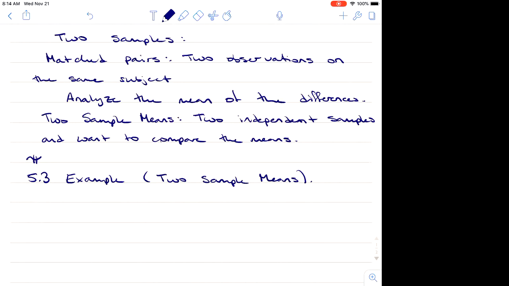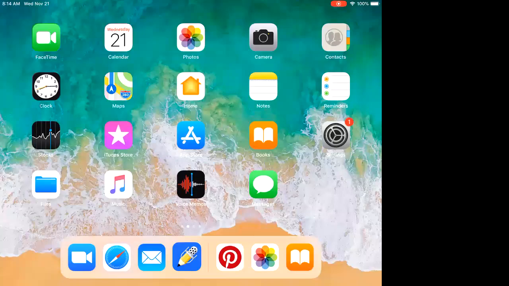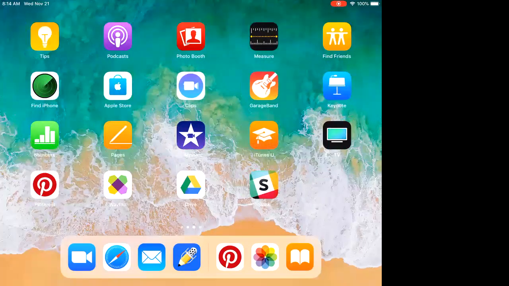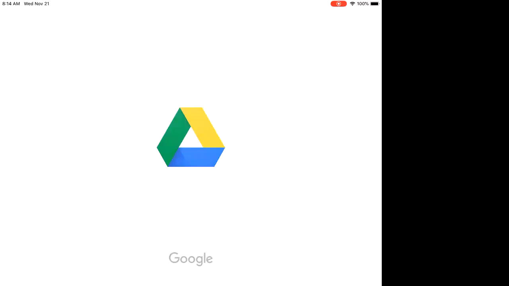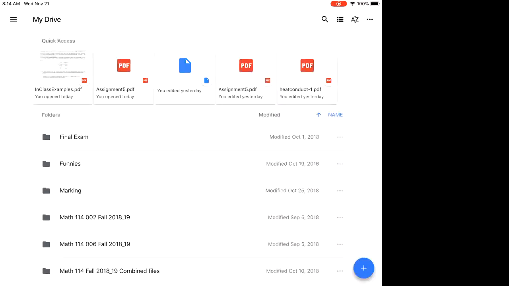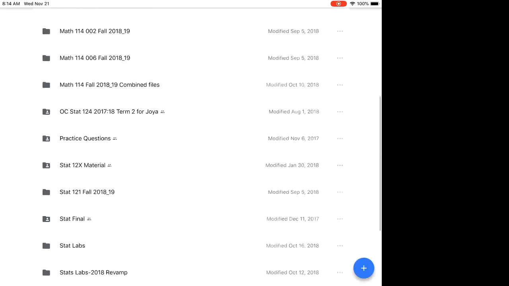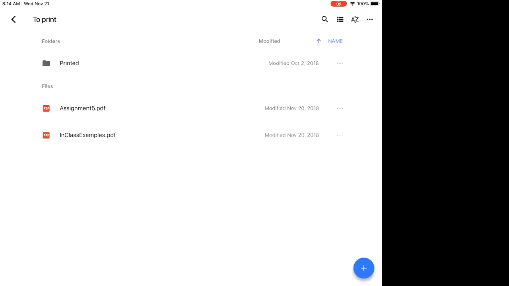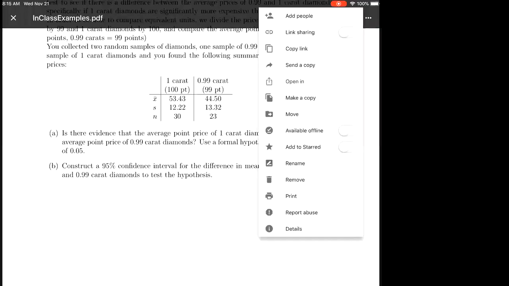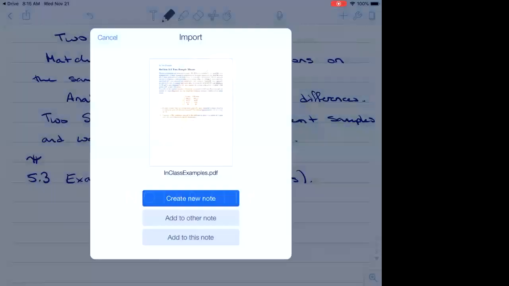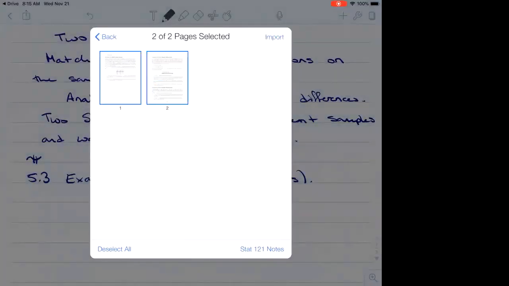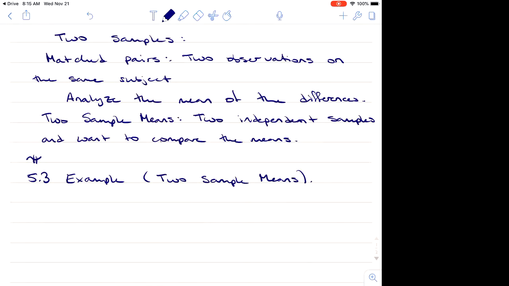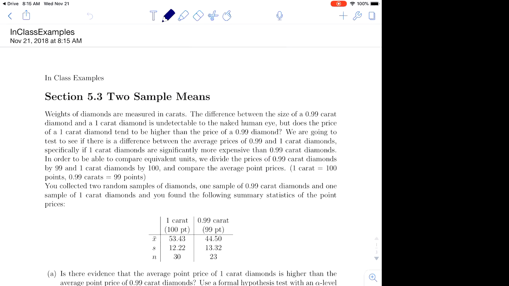So let's see if I can steal this. I forgot to bring it in to print. Easy as that.